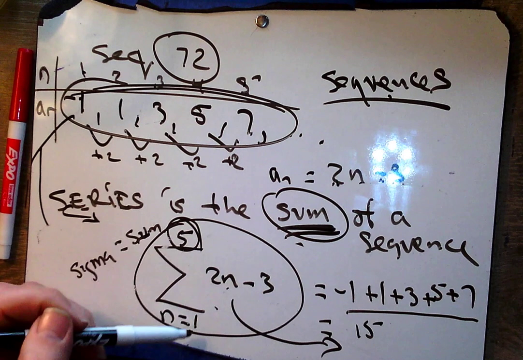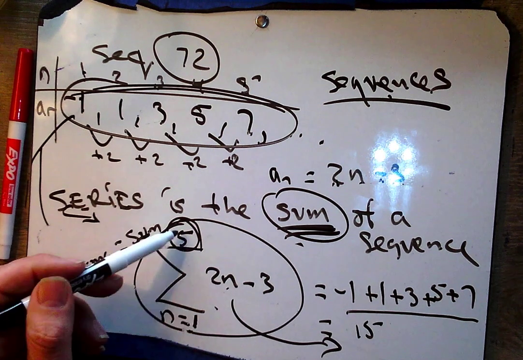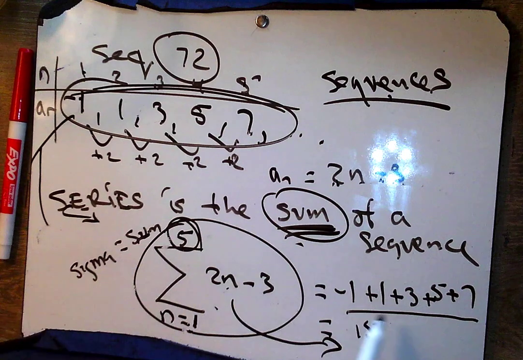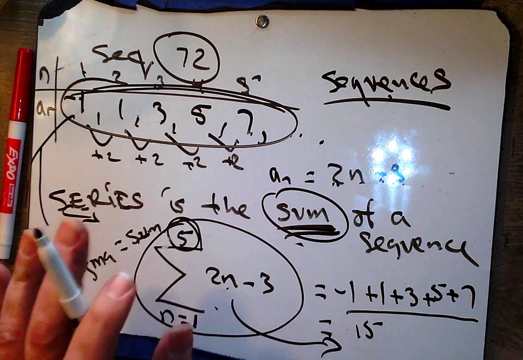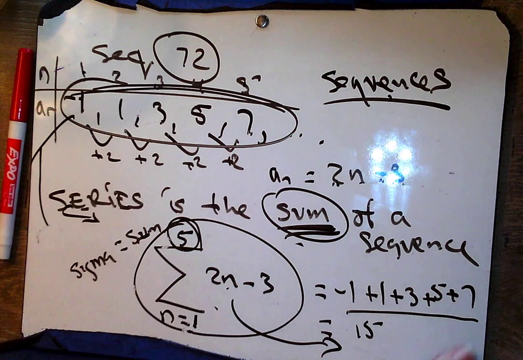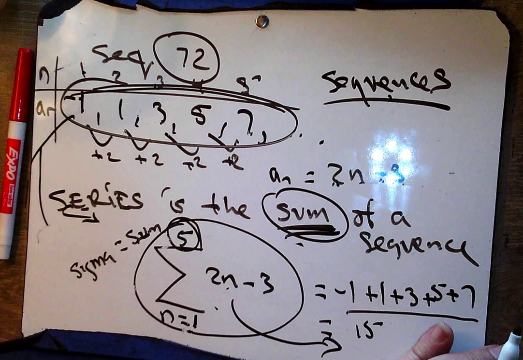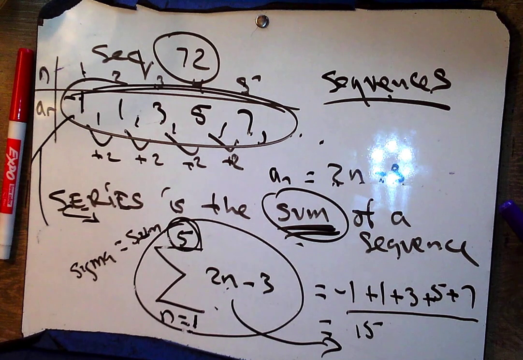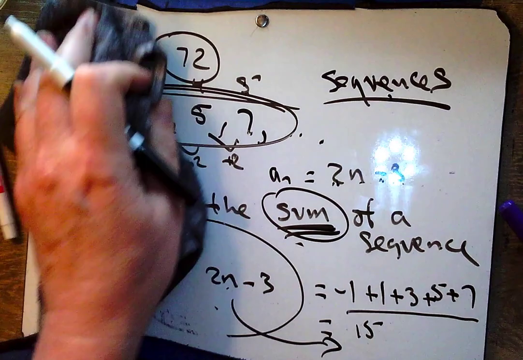I'm only plugging in the numbers from 1 to 5 inclusive. And that'll give me these outputs, which I could then add up. That's one way to do these problems. And in many of the problems you'll see, not only can you get away with it, but the expectation is that you'll be plugging things in like I just did.